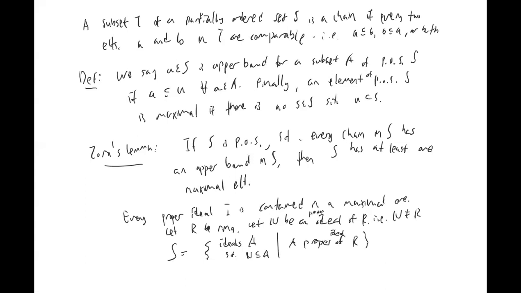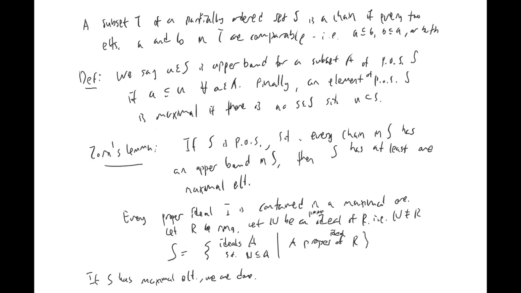Does everyone understand why I need proper? Because if I didn't, then the whole ring R certainly contains N, and that's certainly, in a sense, maximal under this definition. And we don't want that, because our definition of maximal ideal is proper ideals. So does everyone agree if S has a maximal element, we are done?